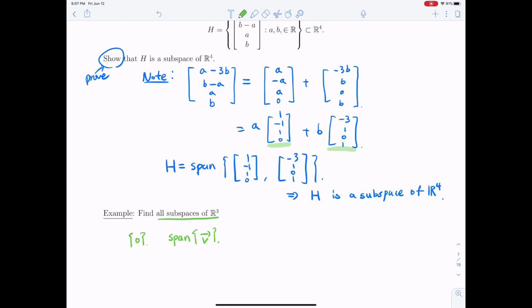So the span of v is a subspace of R3, and this corresponds to a line passing through the origin. And if you increase the dimension, or if you begin with two linearly independent vectors, then this gives you a plane passing through the origin. And if you increase the dimension again, you will get the whole space R3 as a subspace of itself.